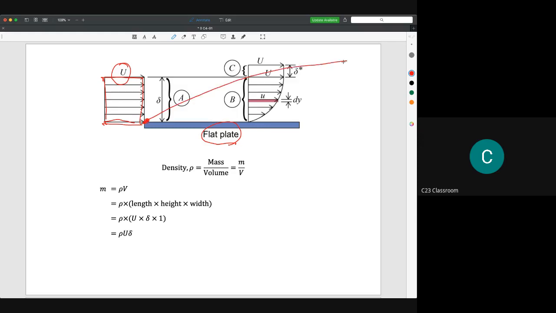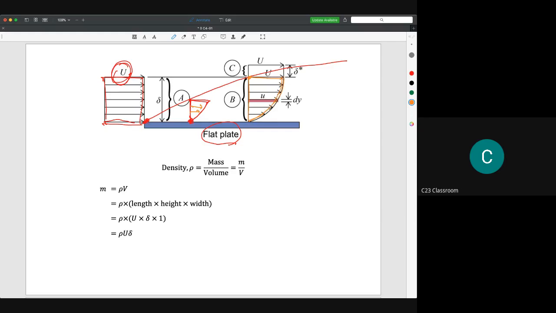Please remember that the boundary layer is the thickness from the surface to the velocity which is 99% of the free stream velocity. So here we have a velocity distribution, as well as the velocity distribution at this area.